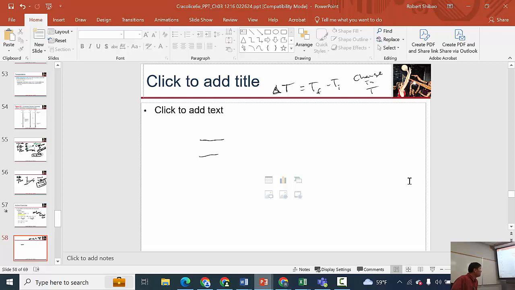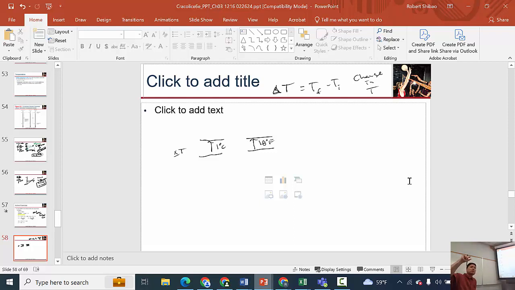So if I look at a change of 1 degree C, how much did the Fahrenheit change by? It turns out the Fahrenheit changed by 1.8 degrees Fahrenheit.